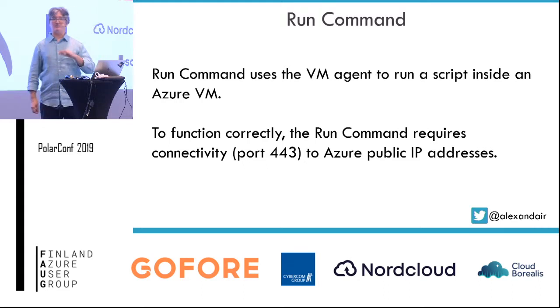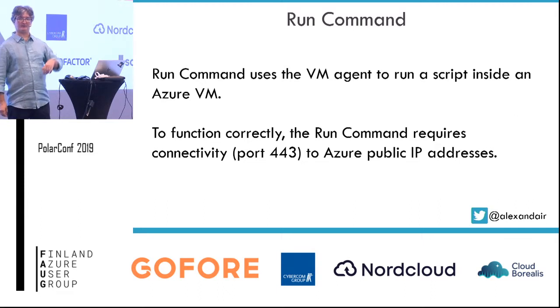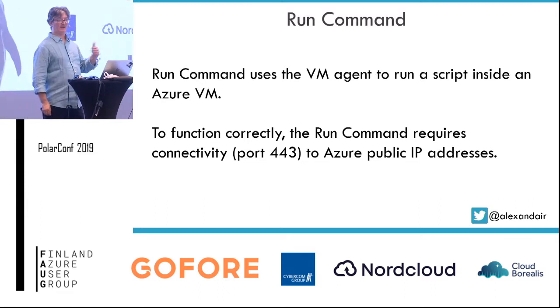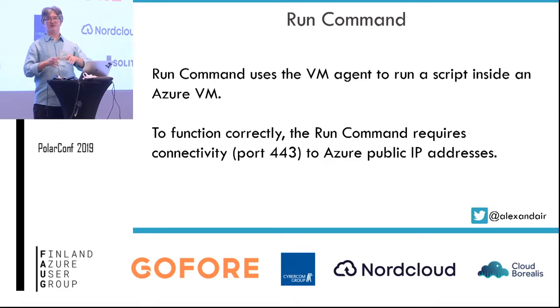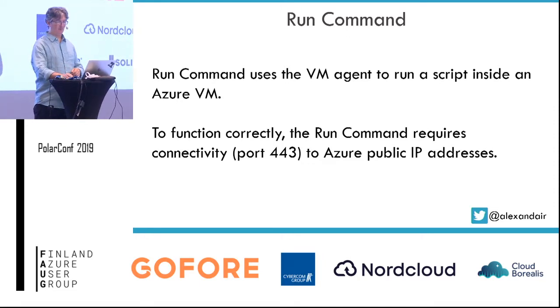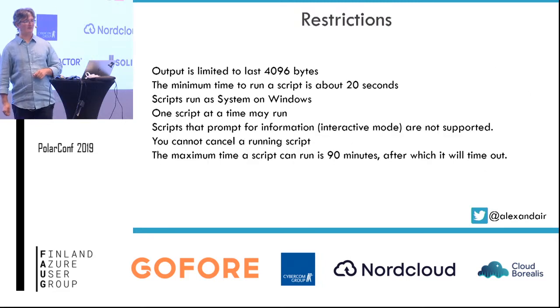And to function properly, the outbound connections over 443 to Azure IP addresses is needed to get, it will work, but it will not give you output if this is not possible. So if you really, really strictly configured your VM not to have that, then don't be surprised the output will not be there. The run of scripts will run, but you will have that issue.